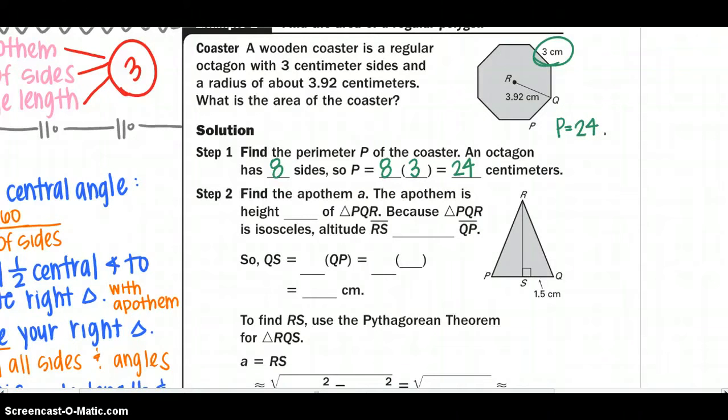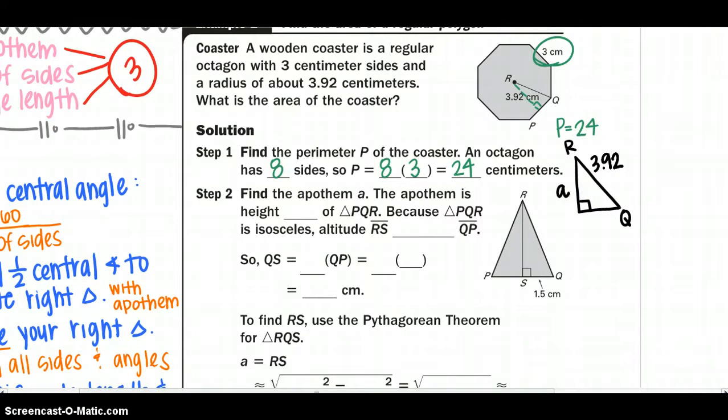Well, it's a little bit difficult to see right now, but we know that if we draw that perpendicular segment, we can create a right angle, and we love working with right angles because they are easy to deal with. Alright, so we know that our RQ is 3.92 centimeters, and we want to somehow find our apothem.